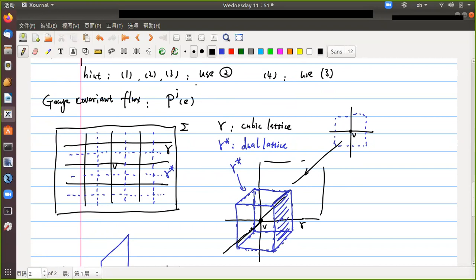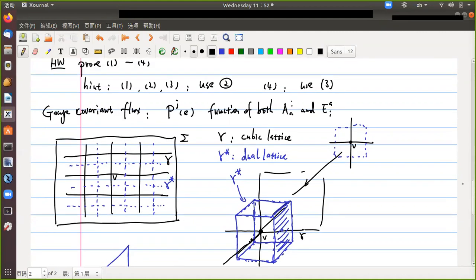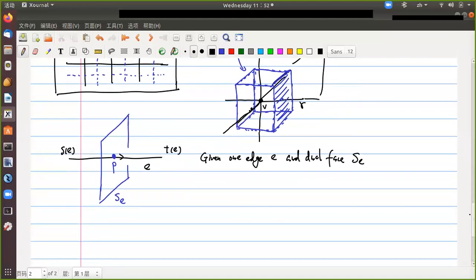The complication is that it's a function of both the connection and the densitized triad, A^I_a and E^a_I. Holonomy is a function of A only. It's a function of the connection only. It's independent of E, but this gauge covariant flux is a function of both. How to define this function?